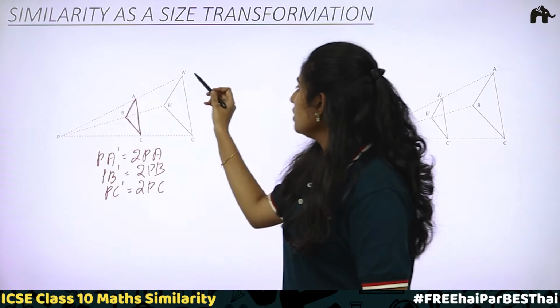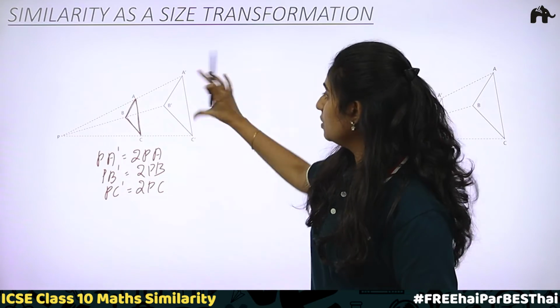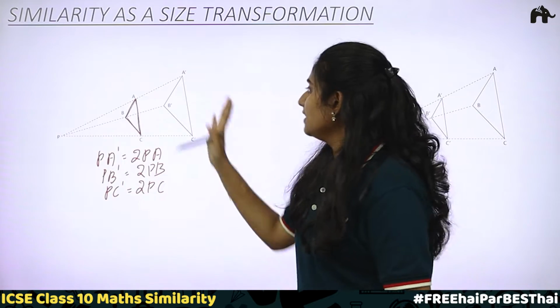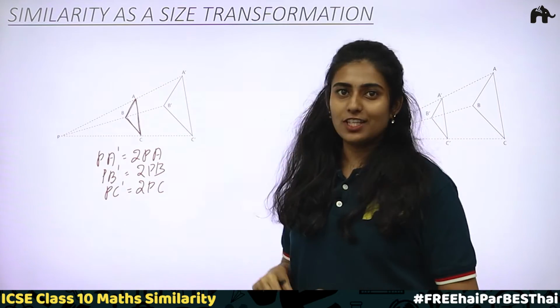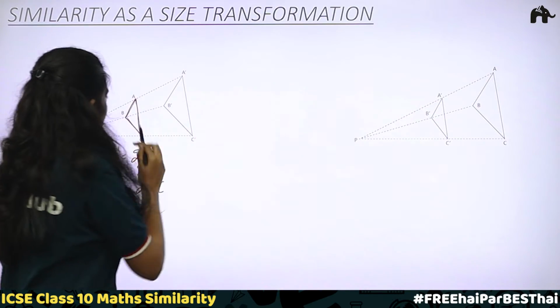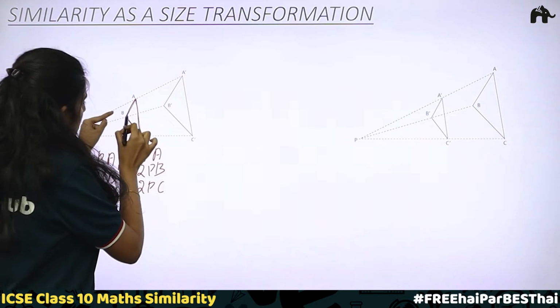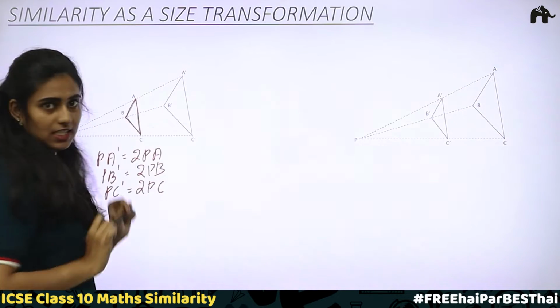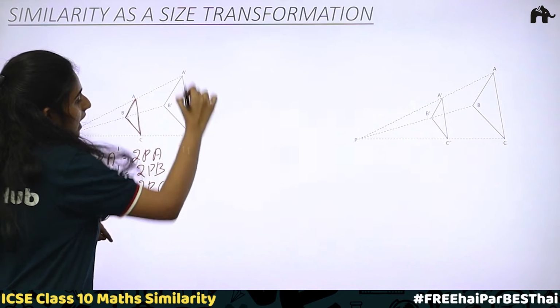Now, on joining these points A dash, B dash and C dash, we get a new triangle. When you look at this triangle, we understand that this triangle is an enlarged version of the smaller triangle. Corresponding to AB, here we have A dash B dash. Corresponding to BC, here we have B dash C dash. And corresponding to AC, here we have A dash C dash.